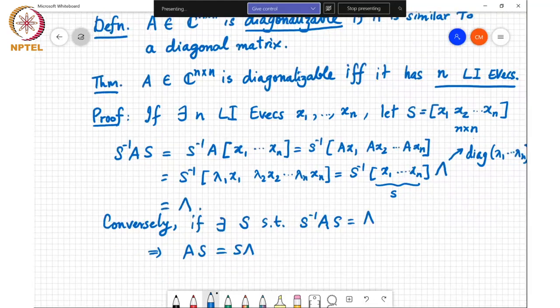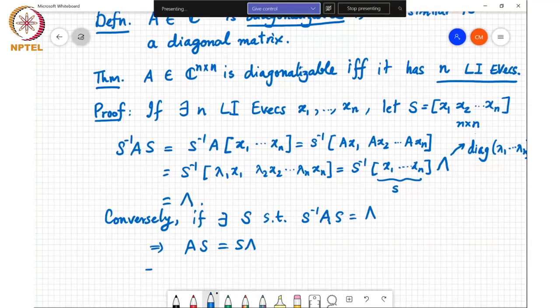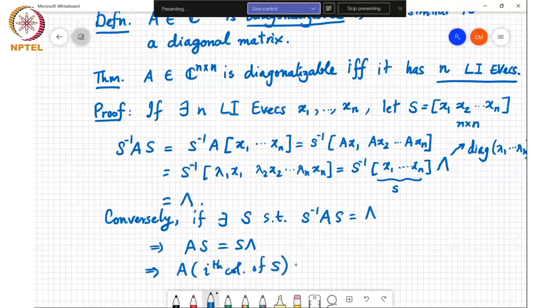If I write out what this means in words, this means that A times the ith column of S is equal to, since lambda is a diagonal matrix, the ith column of S lambda.